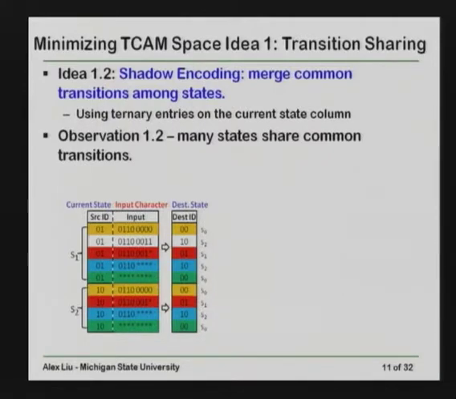However, right now it's impossible because the source state ID for S1 is 0, 1, and the source state ID for S2 is 1, 0. If you specify 1, 0 by 1 star, this rule 1 star doesn't match 0, 1. And if you replace it by star star, star star will match 0, 0 also.